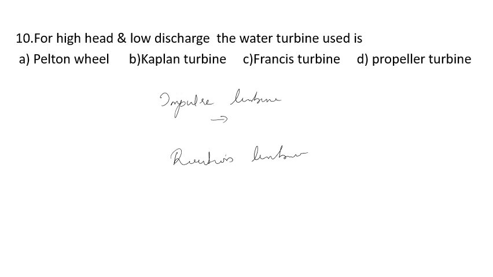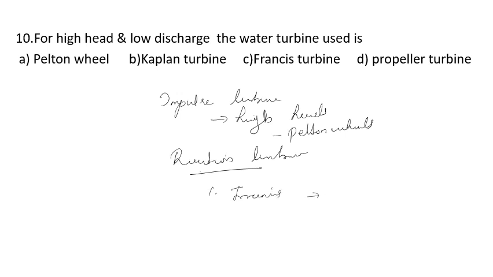Impulse turbines are normally used for high heads, for which we use Pelton wheels. For reaction turbines, there are Francis turbines, which are used for medium heads, and Kaplan turbines, which are used for low heads.